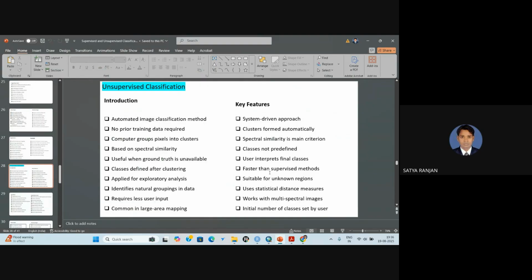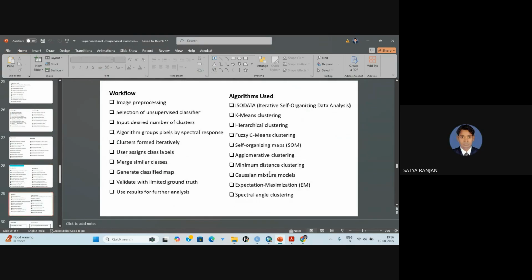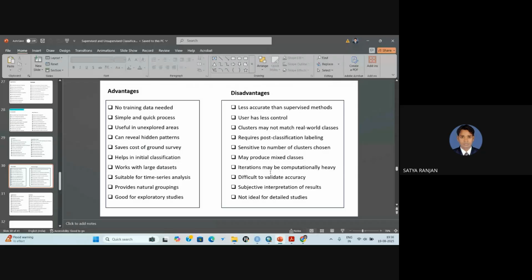Then unsupervised classification, which was also discussed. In this, there is an advantage that no training data is needed. It directly calculates based on the pixel information and categorizes based on the user defined number. Suppose we give 7 categories, then it creates 7 categories. If we give the command to create 9 categories out of this satellite image, then it creates 9 categories.